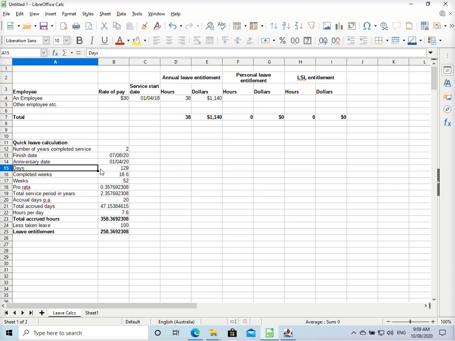Then the days over that extra part year period is the difference between those two dates, plus add 1 because we want to include the 1st of the 4th. Completed weeks 18.6. I've just typed that in, but basically it is 129 over 7, and that gives you 18.42.